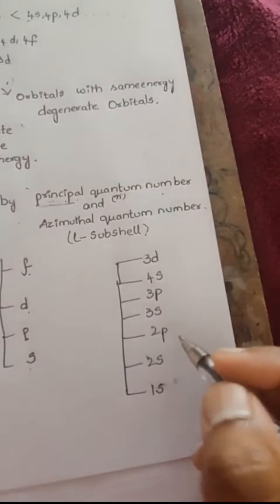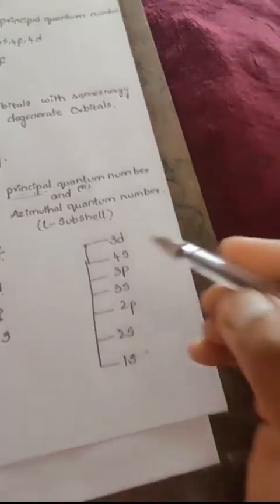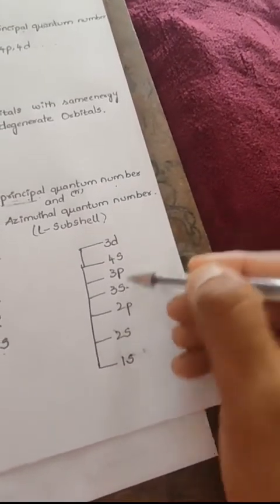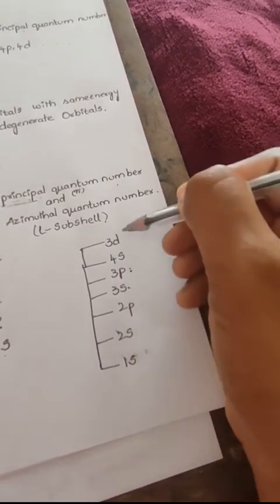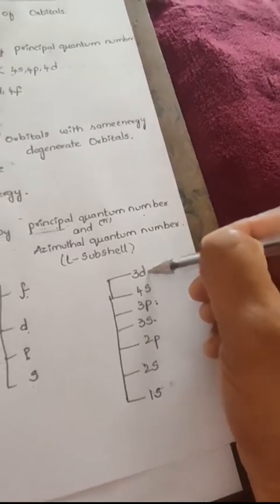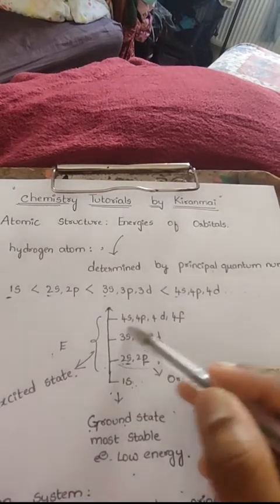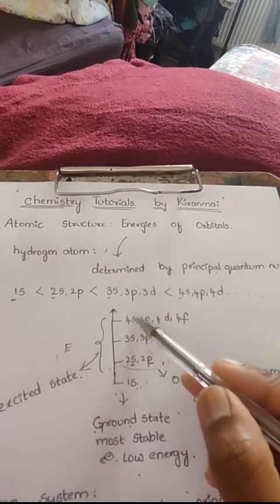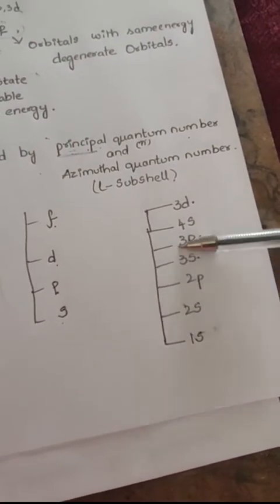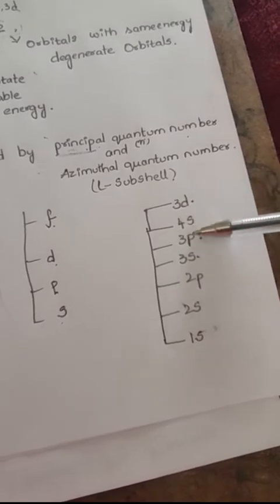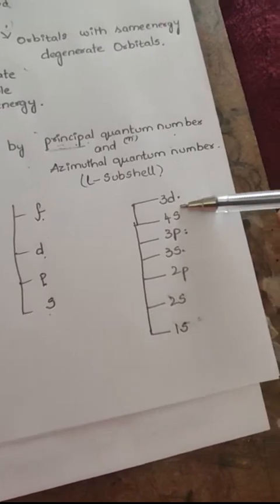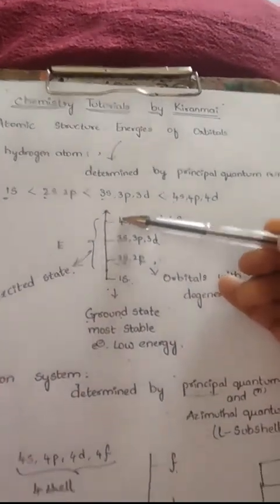Individually, if we consider 3 shell orbitals, then 3s orbital is lower than 3p, and 3p orbital is lower than 3d. But as seen in hydrogen atom, the 3 shell is lower than the 4 shell. Here in a multi-electron system, it is not like that. It got mixed up. See here, we can see that the 4s orbital has lower energy than the 3d orbital, unlike in hydrogen atom.